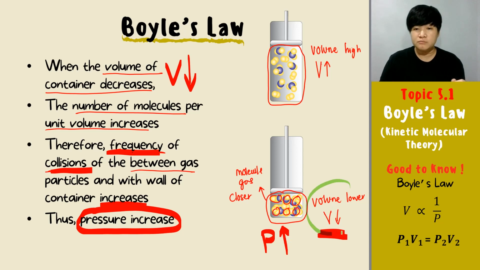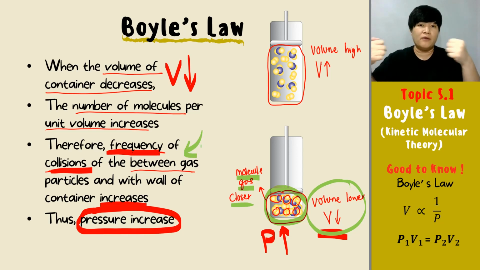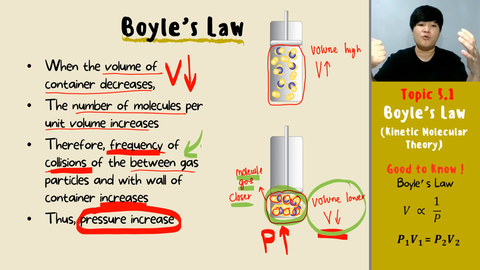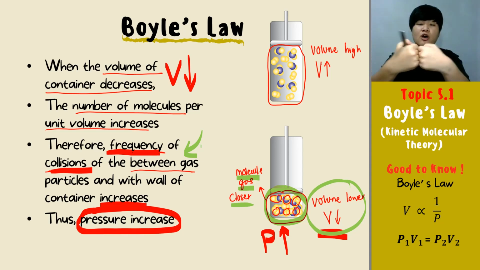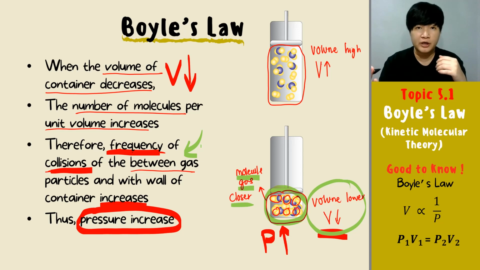When the volume decreases, the number of molecules per unit volume increases. In other words, the gas molecules become closer to each other. Therefore, the frequency of the collision will increase. When we collide, we produce pressure. So when the frequency of the collision increases, no matter between the gas particles or the wall of the container, it definitely produces pressure.